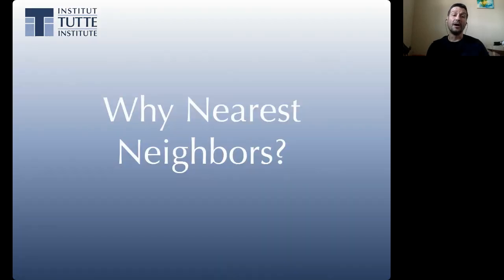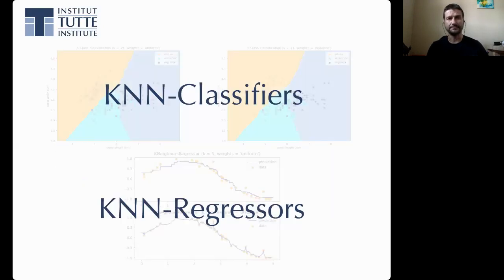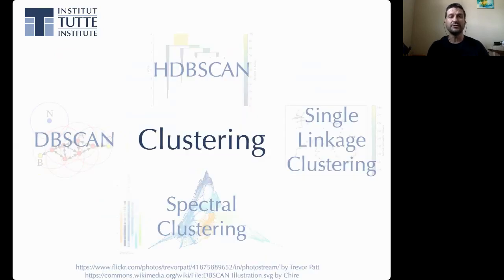So why would we want to find nearest neighbors of a point in a vector space? It turns out that a lot of machine learning algorithms rely on nearest neighbor computations at their core. Being able to do nearest neighbor computations efficiently can make a huge difference to the performance of these algorithms. There are obvious things like k-nearest neighbor classifiers and k-nearest neighbor regressors, but as you move into unsupervised learning, you have a lot of clustering algorithms that have efficient implementations that require good nearest neighbor search.